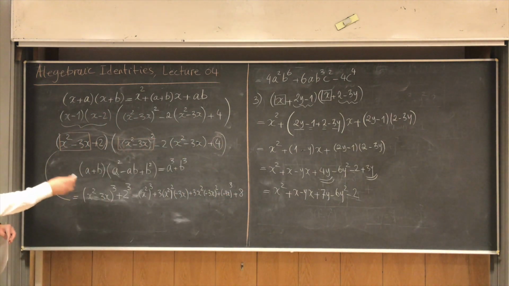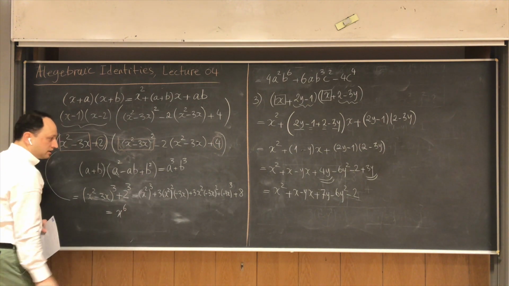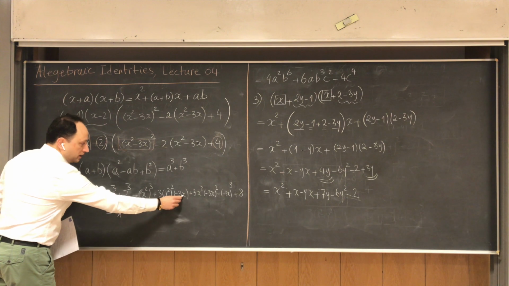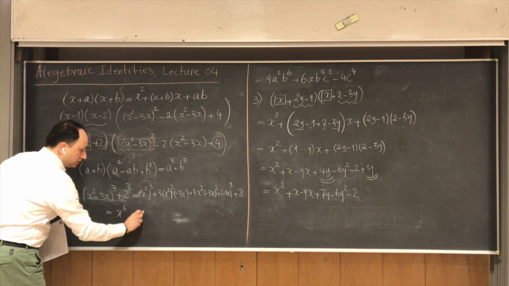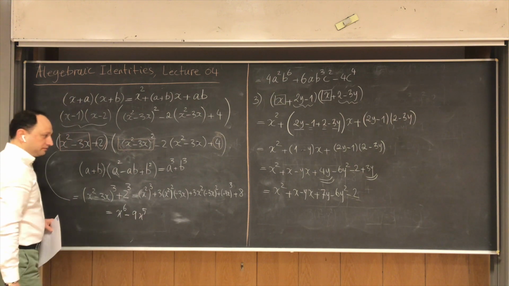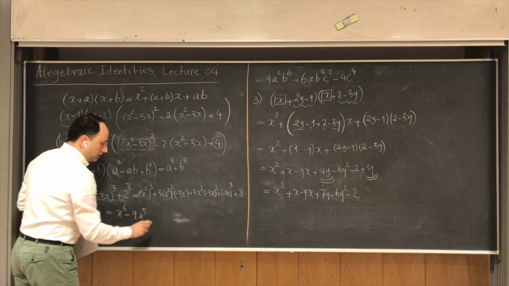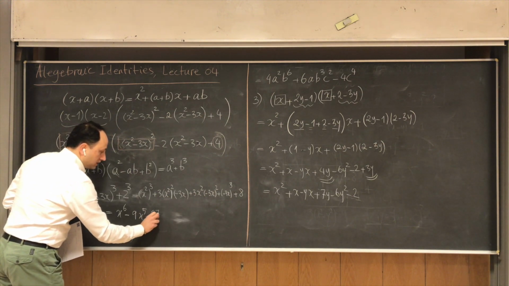Yes, and we can simplify this, of course. x squared to the 3 is x to the 6. x to the 4 times x is x to the 5. And then I have minus 3 and 3, which is minus 9. Here, minus 3 to the 2 is positive 9 multiplied by 3 is 27.